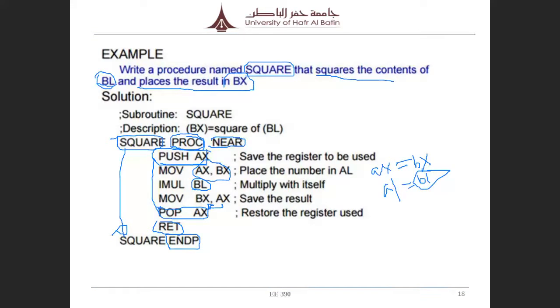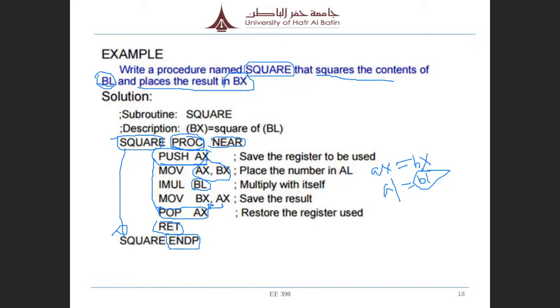But in between, what do we have to do? We have to perform the BL square. So maybe you can write MOV AL, BL, which is also fine instead of AX, BX, and then MUL BL. That means AL times BL, but AL has BL already.